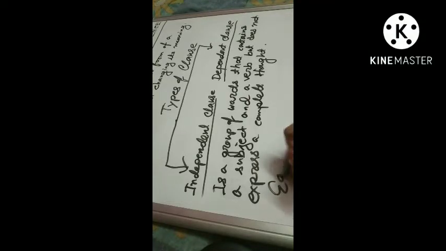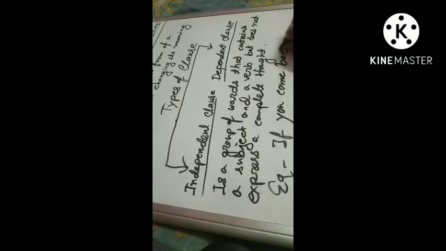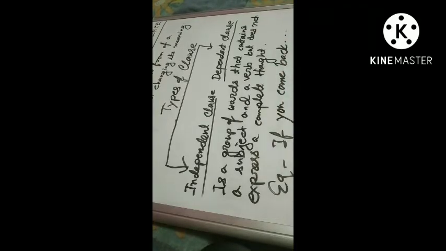Suppose an example we can take: if you come back. It is not expressing a complete thought. If you come back, so the sentence is incomplete and the feeling is also incomplete. So it is a dependent clause. Okay, so it is not called a sentence.